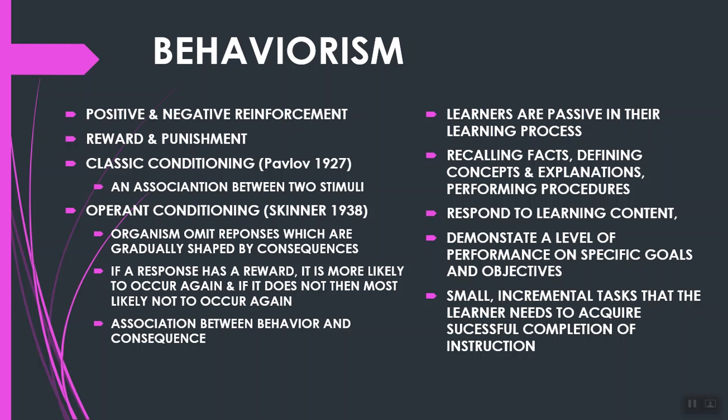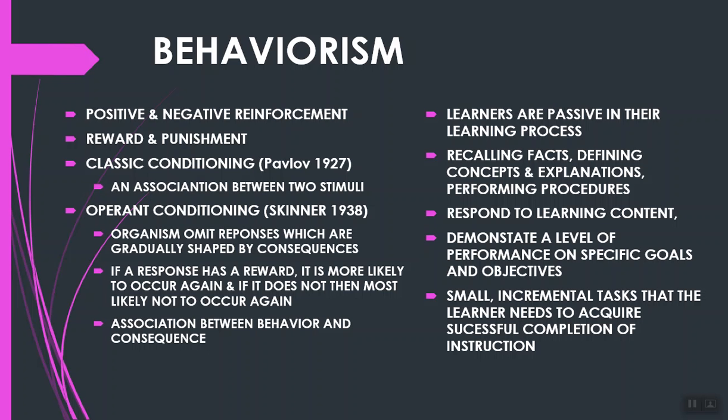So it basically revealed that the organism will emit responses which are gradually shaped by the consequences, whether positive or negative. If the consequence is positive and it's a reward, the response is more likely to happen again, like the rats hitting the lever and getting food.